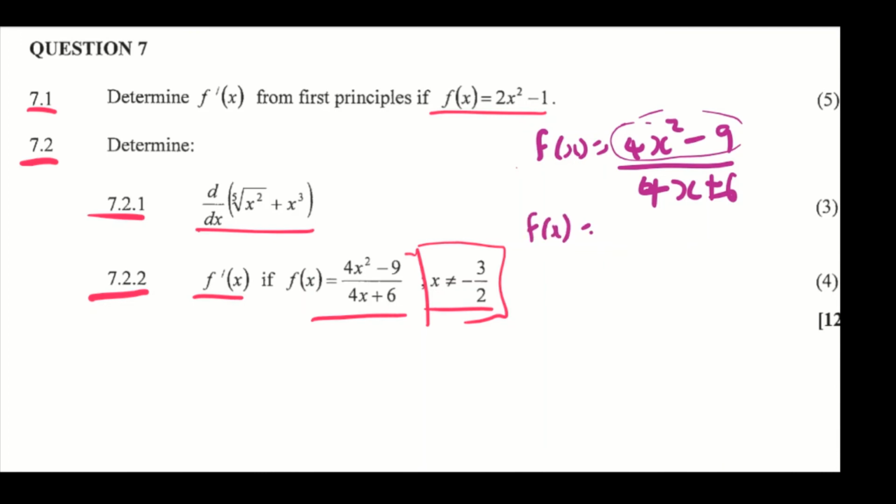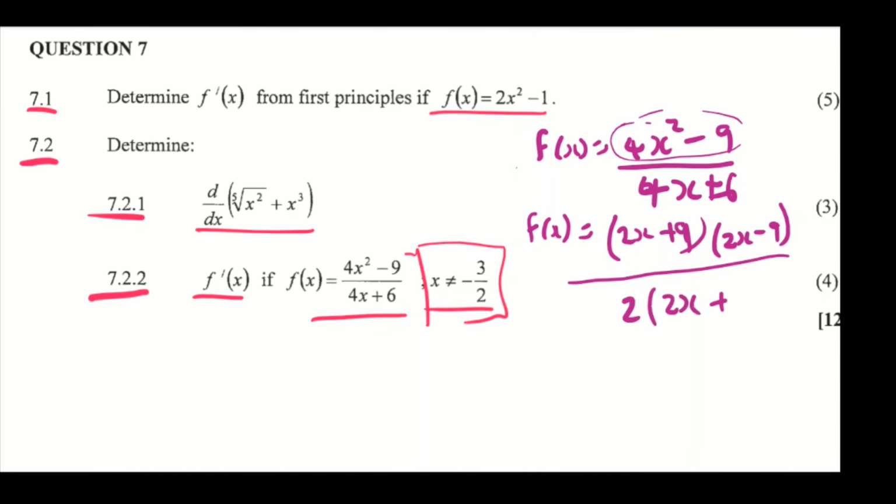So f of x is equal to 2x plus 9. We can see that it's the difference of two squares, right? And 2x minus 9, right? And then at the bottom we can factorize 2, so that we are remaining with 2x plus 3, right? And I just made a mistake here.